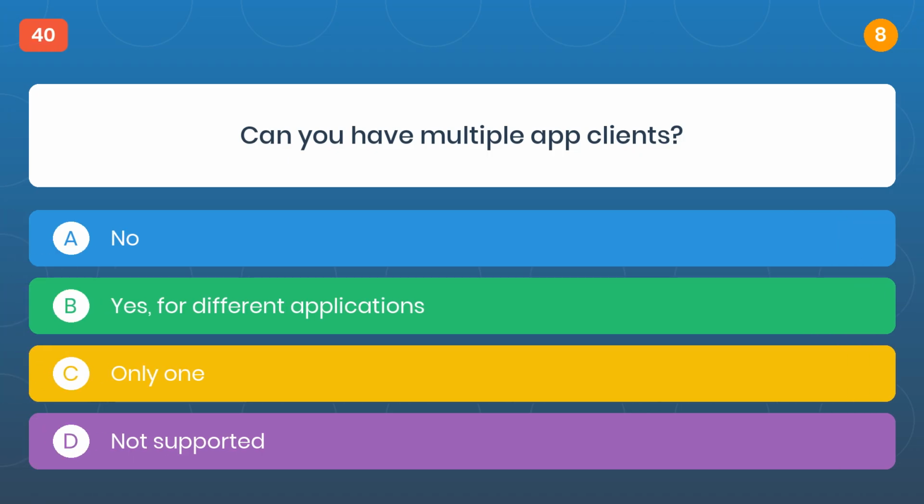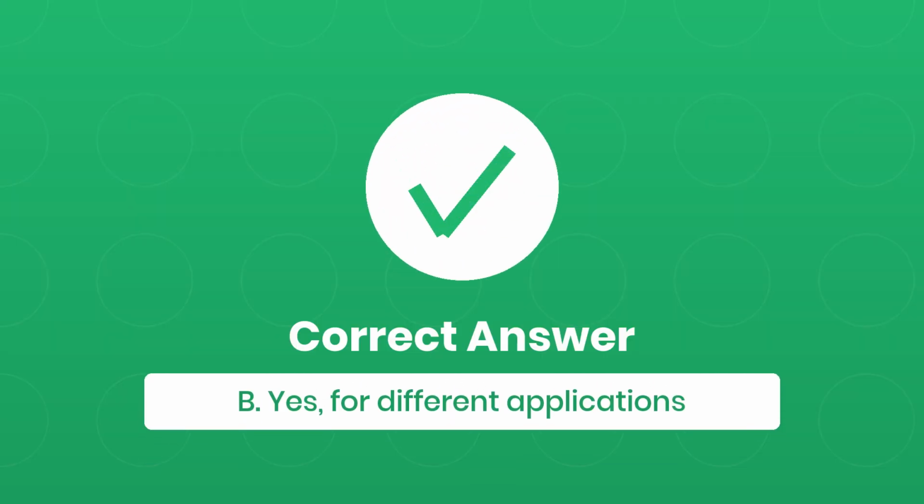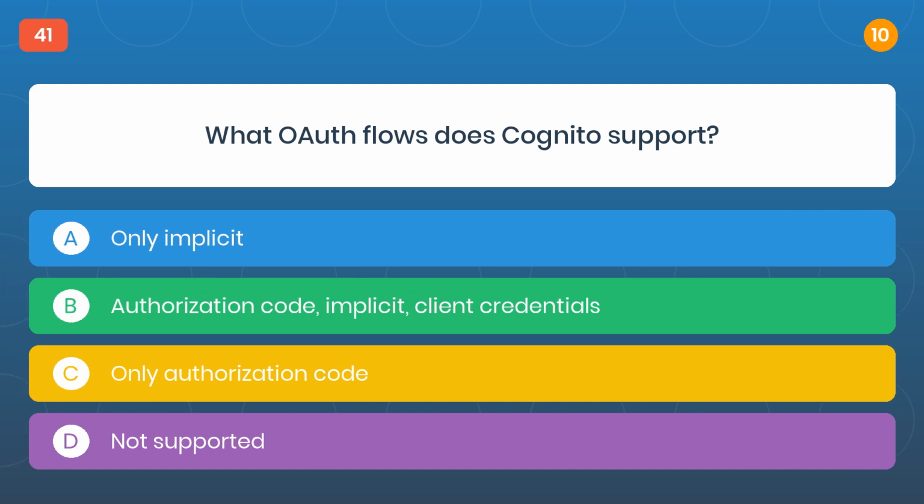Question 40. Can you have multiple app clients? The correct answer is B, yes, for different applications. Question 41. What OAuth flows does Cognito support?